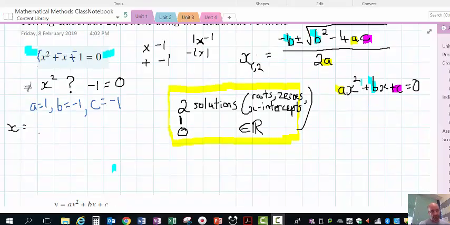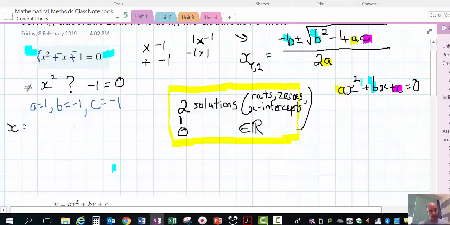Okay, so here we go. Normally I would write the formula down here, but we can still see it further up there, so I'll leave that there. Write your formula down, and then we go negative of whatever b is. Now b is already negative 1, so it's the negative of negative 1, or negative 1 times negative 1, which is positive 1, plus or minus, because there could be two solutions, the square root of b squared.